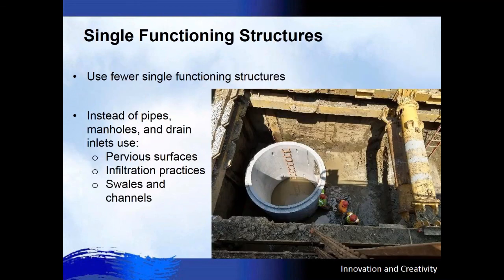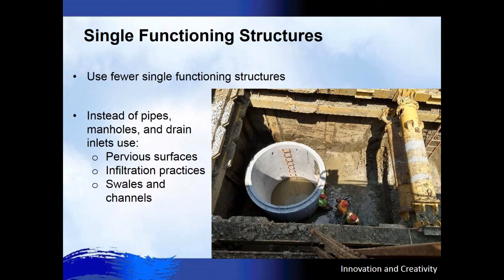So one thing that I do when I look at a green infrastructure project is try to identify the single functioning structures, so the pipes and the manholes and the catch basins, and see if I can eliminate those or reduce them. And then instead of those pipes, manholes and drain inlets, increase the pervious surfaces, use infiltration practices or swales and channels.